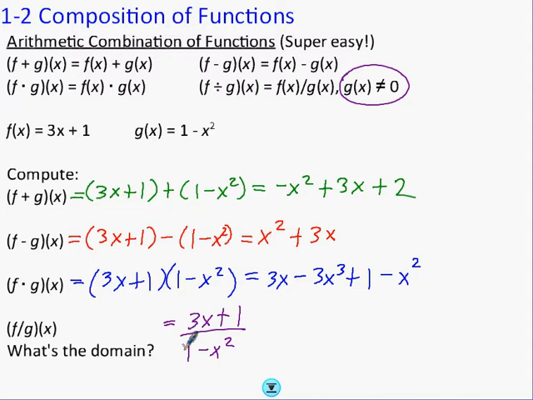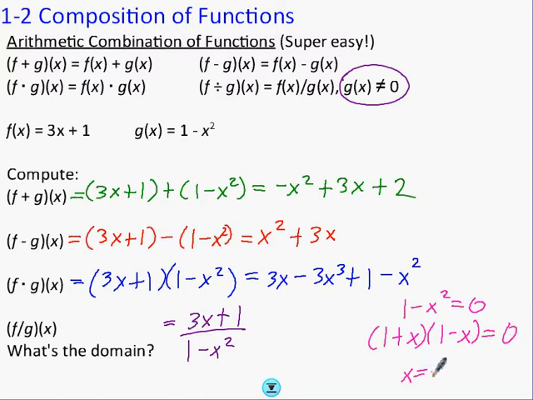So to figure out when that's equal to 0, I'm just going to go over here to the side. I'm going to set 1 minus x squared equal to 0. You can either factor this as a difference of squares, or you can add x squared to both sides and take the square root. I'm going to factor 1 plus x times 1 minus x.